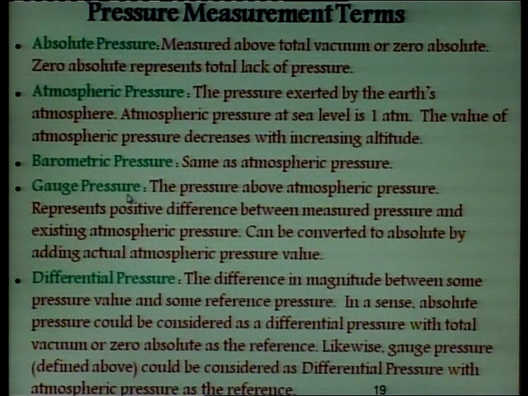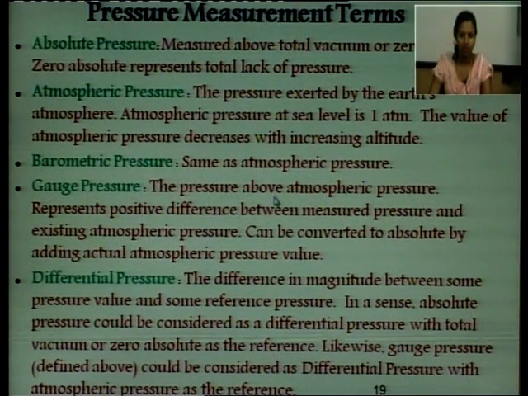Next term is gauge pressure. It is the pressure above the atmospheric pressure. It represents the positive difference between the measured pressure and the existing atmospheric pressure. It can be converted to absolute by adding the actual atmospheric pressure value.